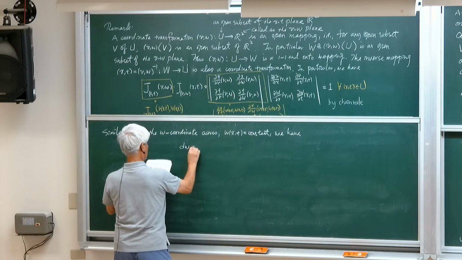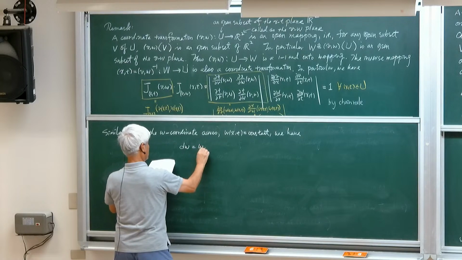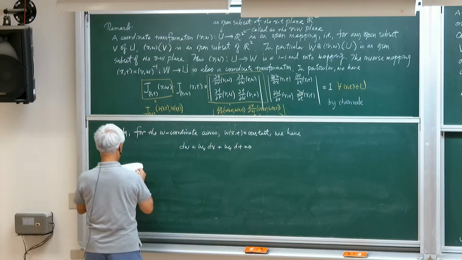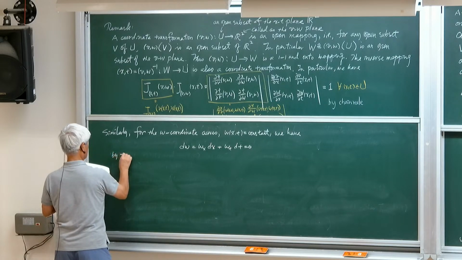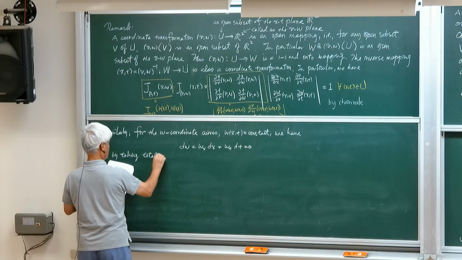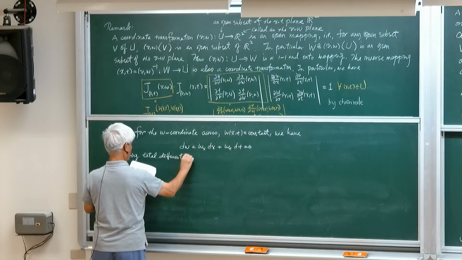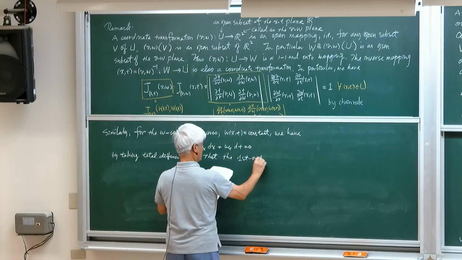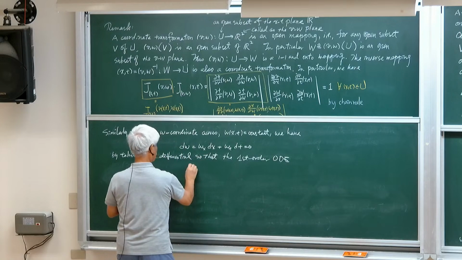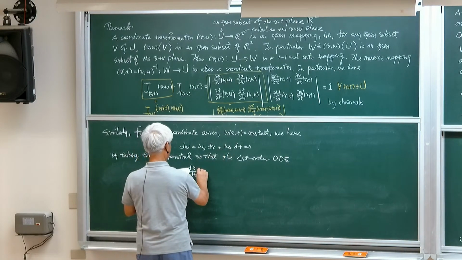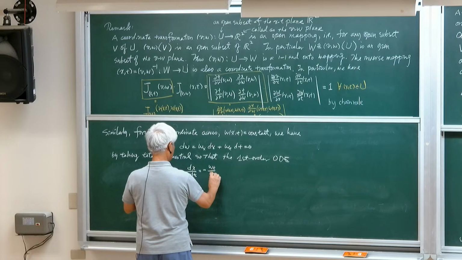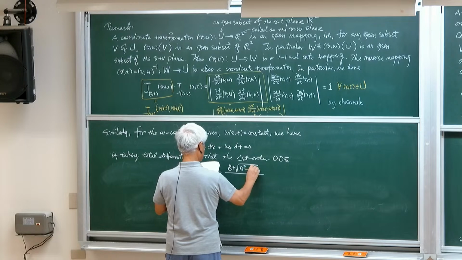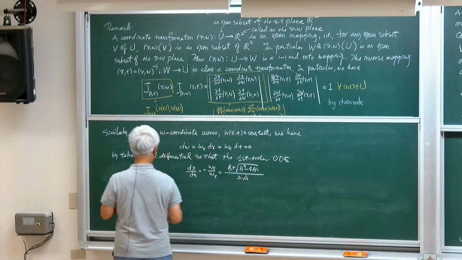So we have w_x dx plus w_t dt equals 0. By taking again the total differential, that's the first order ODE: dx/dt is minus w_t over w_x, which is equal to (b plus the square root of b squared minus 4ac) over 2a.